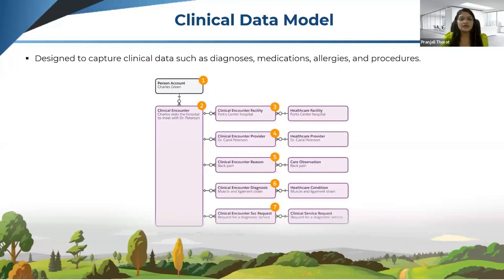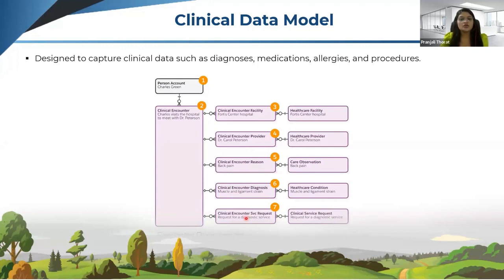Then the diagnosis indicates that Charles is suffering from muscle and ligament strain. So the clinical encounter diagnosis specifies a diagnosis related to a clinical encounter. A clinical encounter diagnosis record refers to the parent clinical encounter record and the condition or procedure relevant to an encounter.